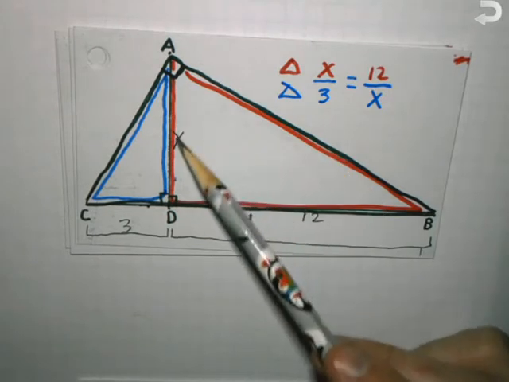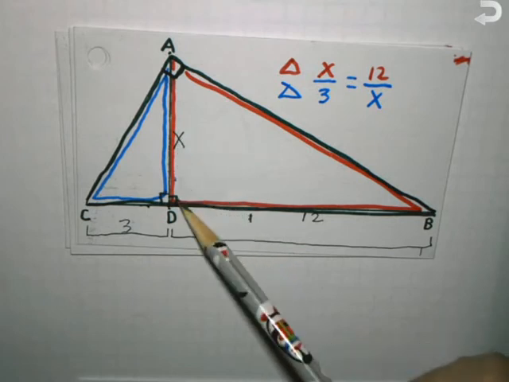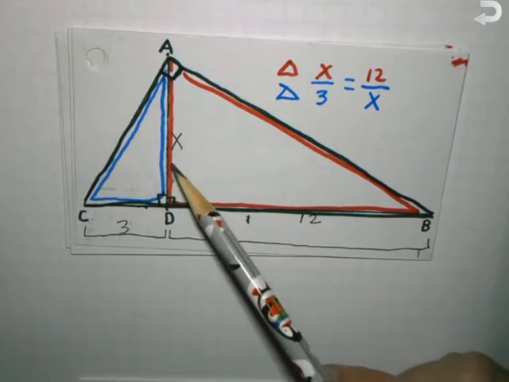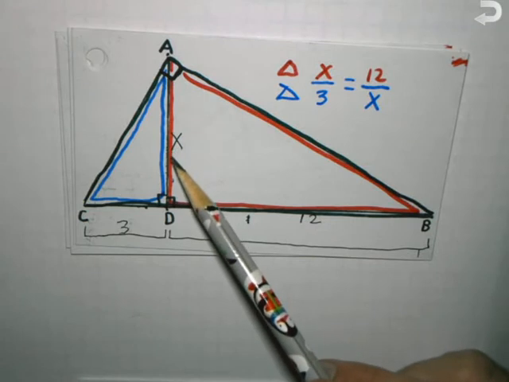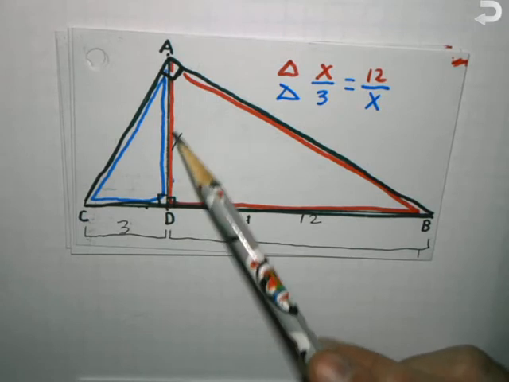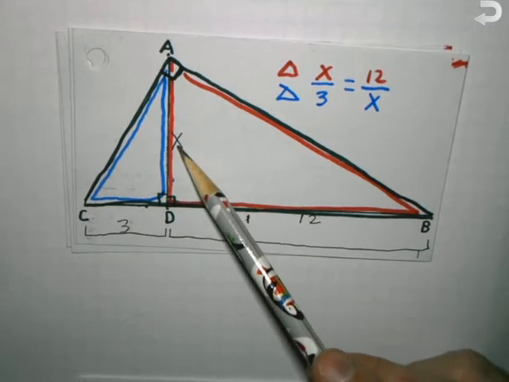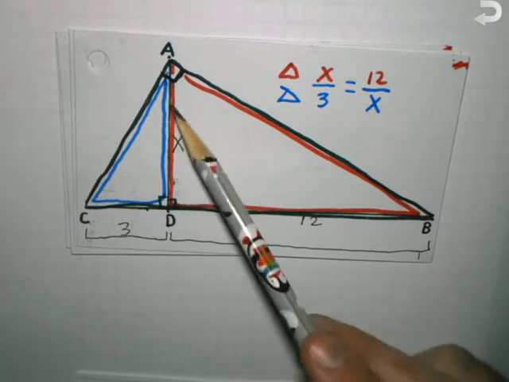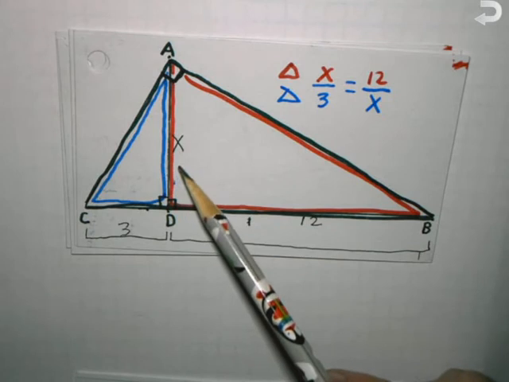Well, the blue triangle and the red triangle share this side. So we're going to be using the red triangle and the blue triangle. Well, what part is this? If we do our right angles like this, we know that this is our hypotenuse. These are our legs.